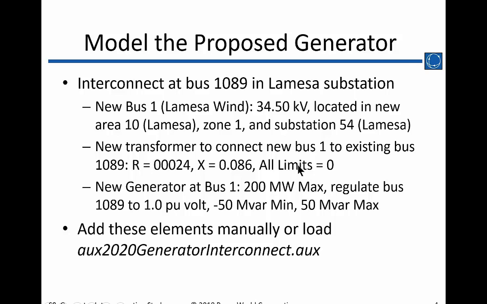We're going to just assume that that's going to be sized properly to handle the output of the generator. Then we'll add the generator to this bus and give it these parameters of 200 megawatts maximum, regulating the high voltage bus 1089 to 1.0 per unit volt with this range of reactive power outputs.